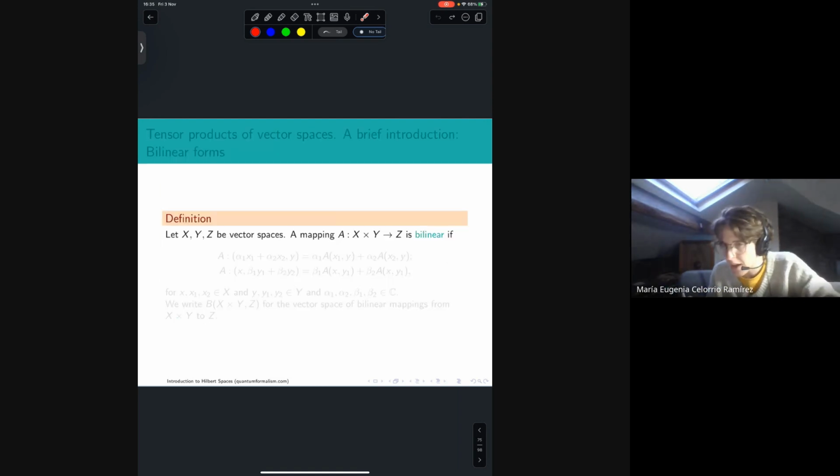And I think I do have some time to talk about the tensor products of vector spaces. So we were talking about linear functionals, but we can actually have mappings that are defined in more than one variable. So when we have X, Y, and Z vector spaces, we can define a mapping that goes from the Cartesian product of X and Y to Z, and we say it is bilinear if it is linear in both variables.